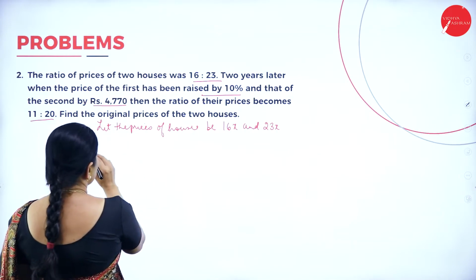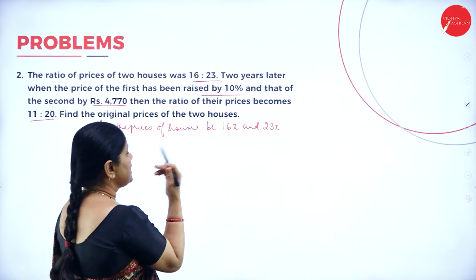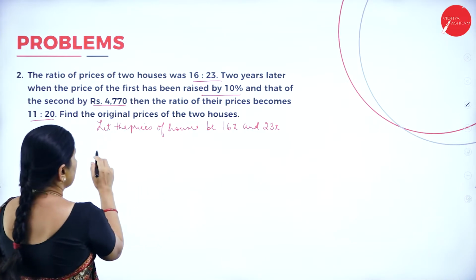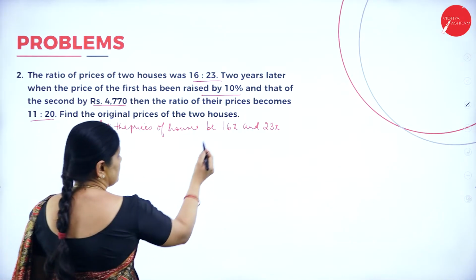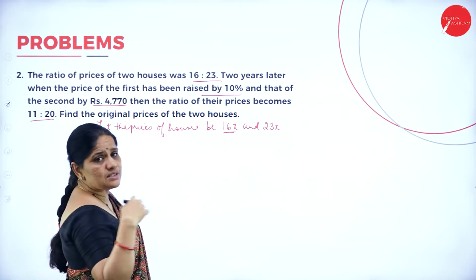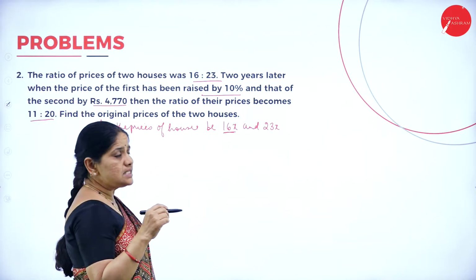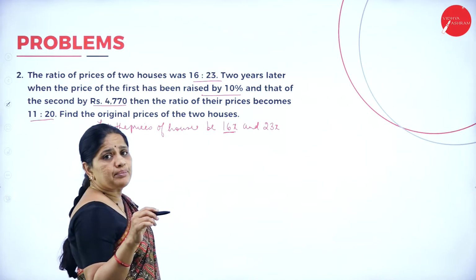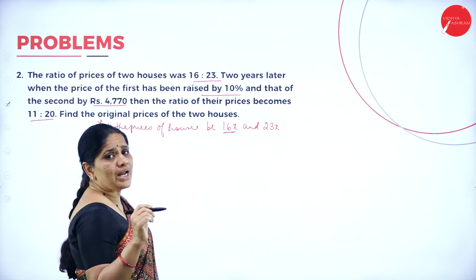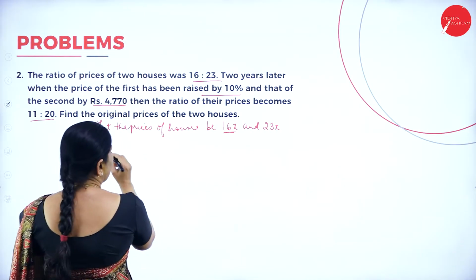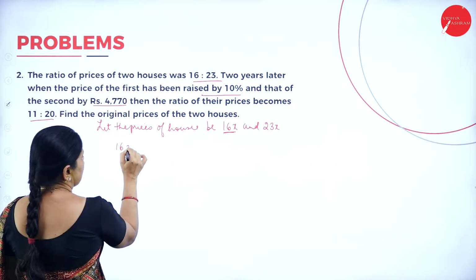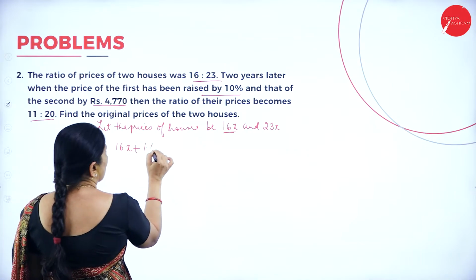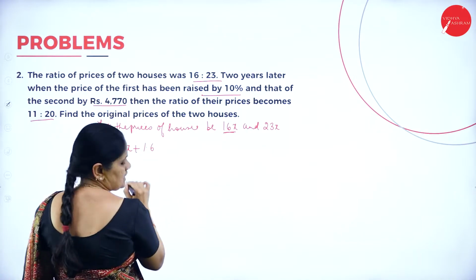So what is given here? Two years later, the price of the first has been raised by 10% and that of the second by 4,770. The price of the first house is raised by 10%, that is 16 into 10%, which is 1.6. So I write 16x plus 1.6x.